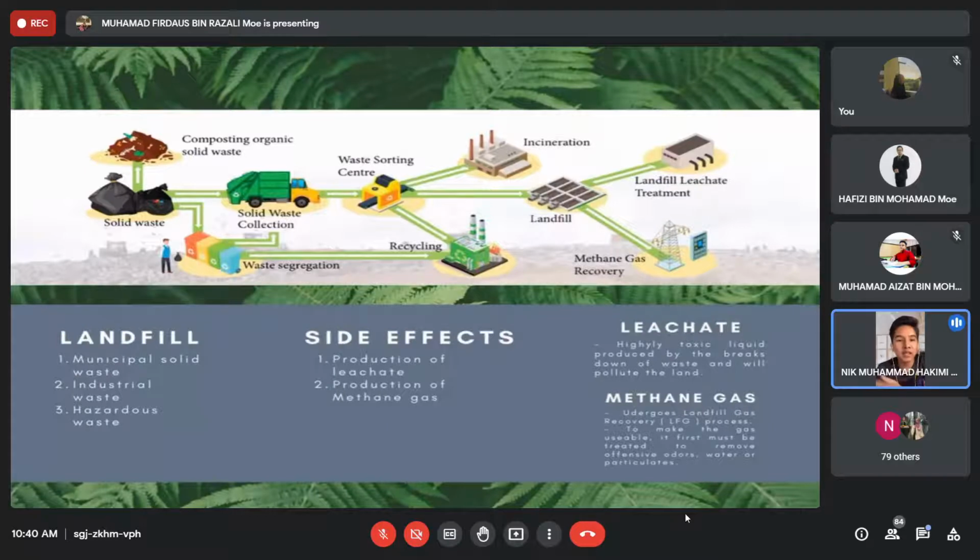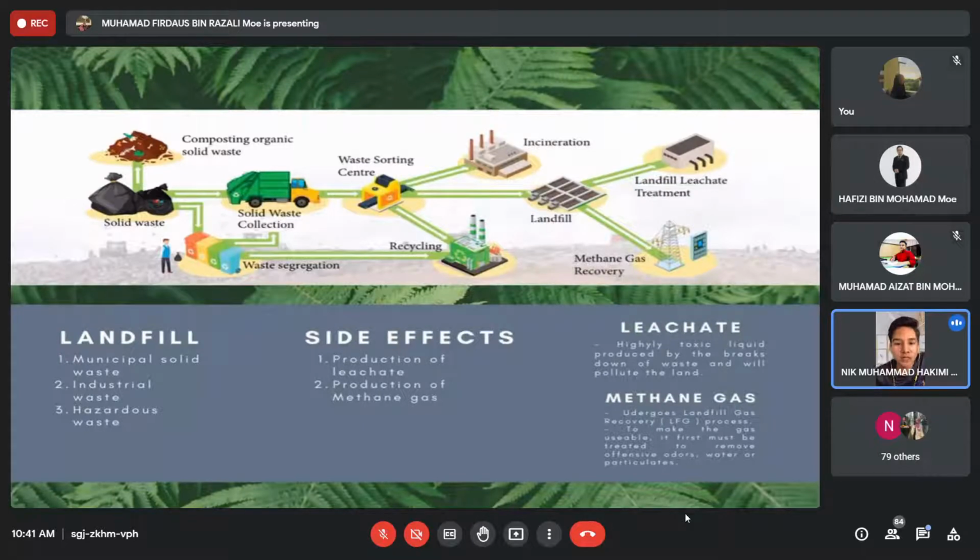Okay, so in general, landfill ni akan produce two side effects kepada our environment, which is the first one, dia akan production of leachate, and second one is production of methane gas. So what is leachate? Leachate is a liquid that is produced by the breakdown of waste, and actually this liquid is highly toxic and it can pollute the land. So dia tak bagus lah untuk persekitaran.